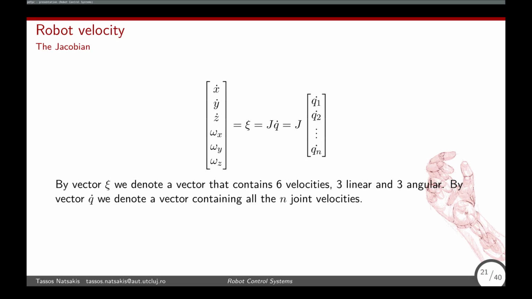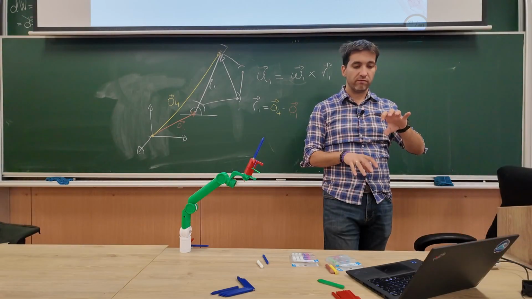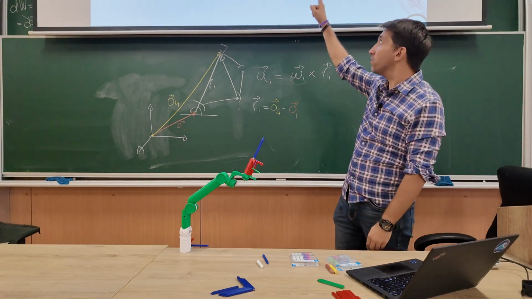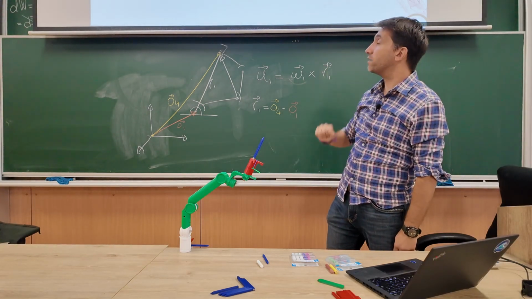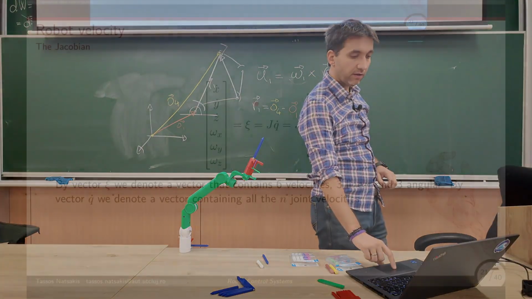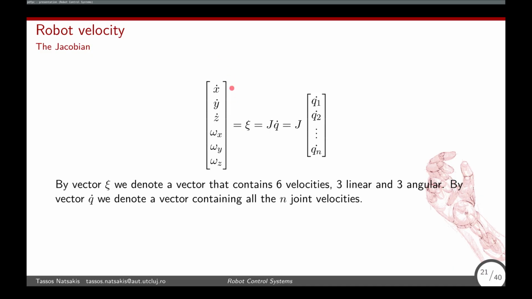So xi, as we said in the first slides, is basically linear and angular velocity. So 3 components for the linear velocity and 3 for the angular. So that's a 6 element vector. And on the right side we have n joint velocities.